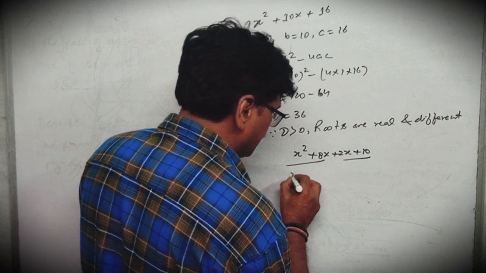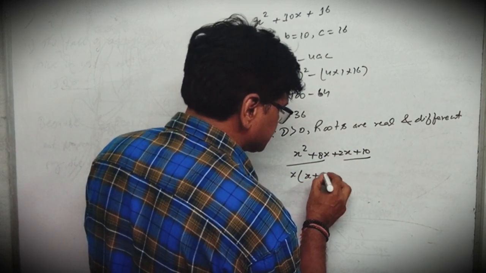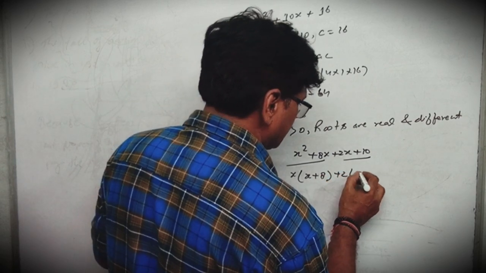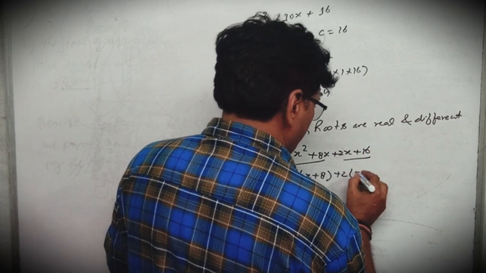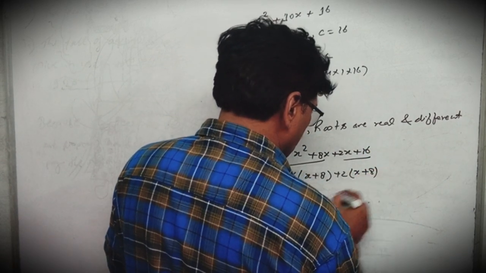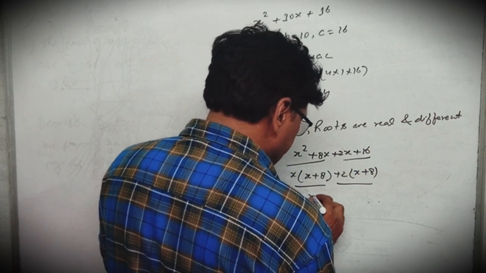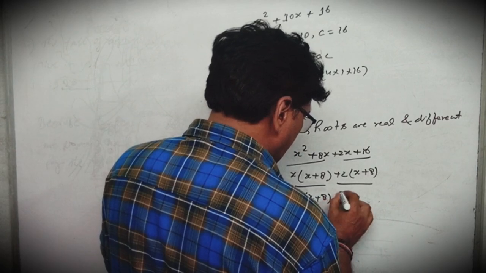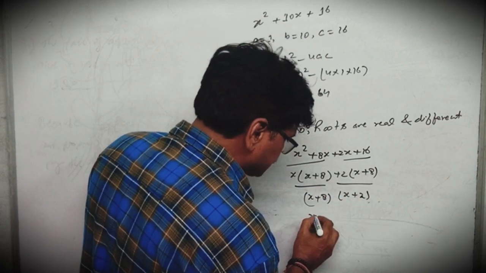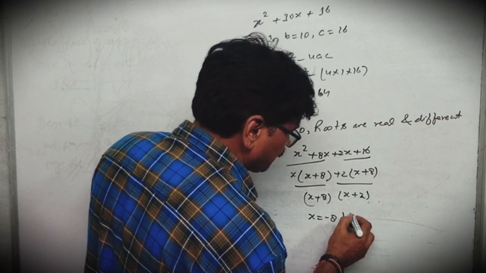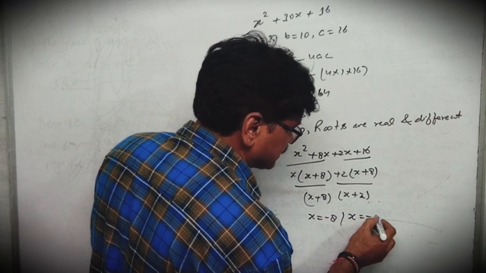You will make pairs: x in bracket, x plus 8, plus 2 in bracket, x plus 8. Taking common, you get x plus 8 in one bracket and x plus 2 in the other bracket. So x is equal to minus 8 and x is equal to minus 2.